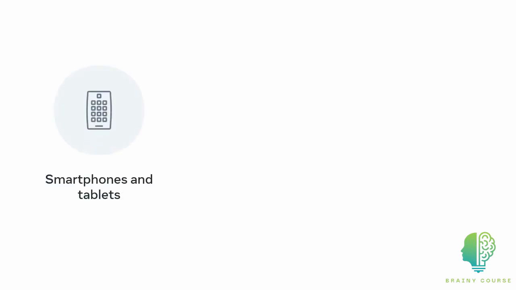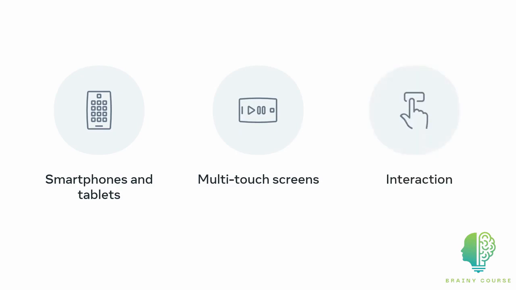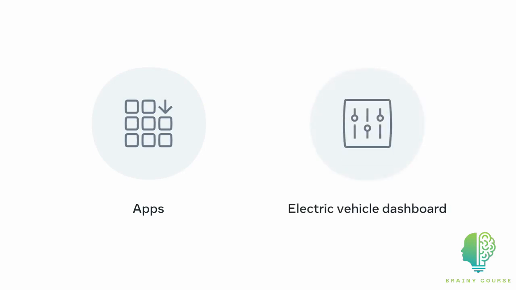Another milestone was the introduction of smartphones and tablets, which utilized multi-touch screens, facilitating the use of gestures to interact with them. Developers and designers were able to innovate and create applications to run on these devices. This phase in particular has brought on the current state of UI. It is ubiquitous. You can see it everywhere, from the apps you use to modern electric vehicle dashboards.